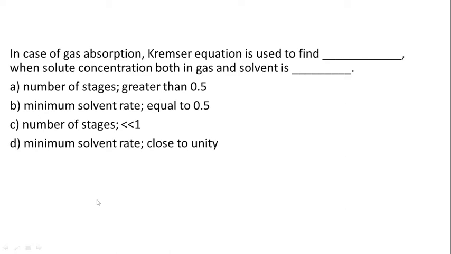So next one, in case of gas absorption, Kremser equation is used to find a dash when solute concentration in both gas and solvent is dilute. Why is the Kremser equation used, in which case, for finding minimum solvent rate or number of stages? Number of stages, yes.